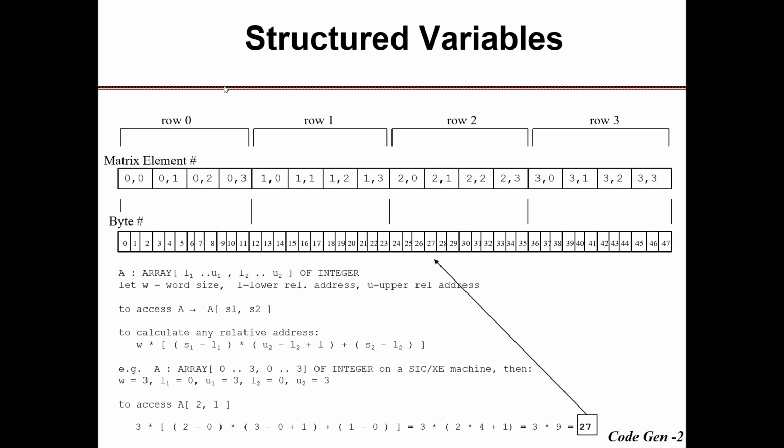Okay, so in this example here, we're going to build a matrix, and this matrix is going to look like this. Now, for those of you who aren't familiar with this syntax, this is how you would define a matrix using an Ada program. So this is Ada source code.